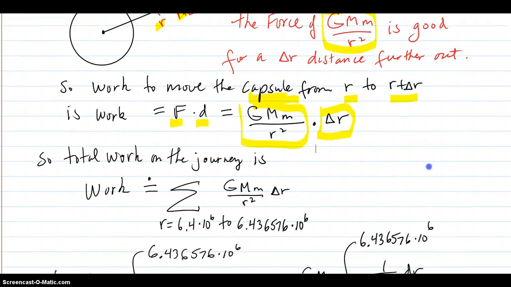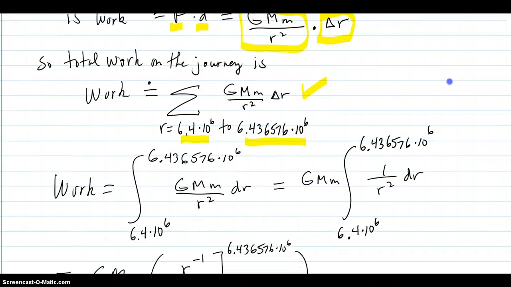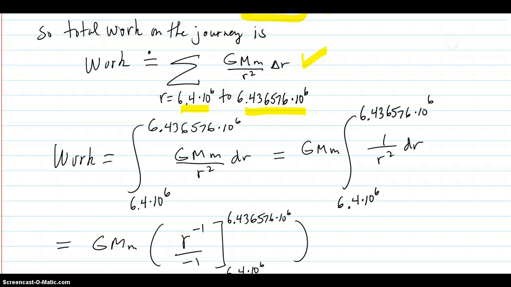So the total work is to add up all those tiny works along the journey as your radius steadily increases as your capsule gets lifted by the balloon upward. So it's summing all those from the surface of the Earth out to the final destination altitude, and so that turns into the integral that we have there.